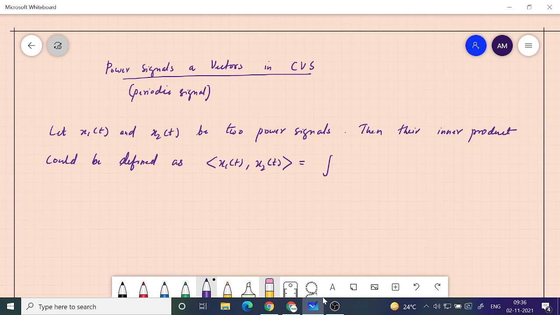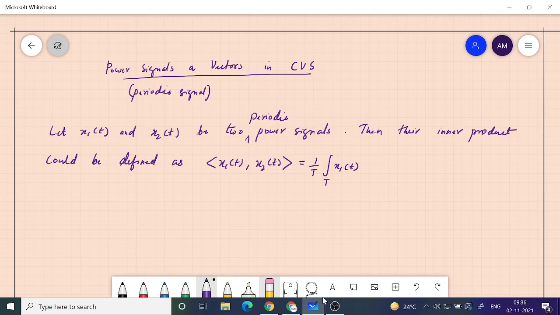If you remember the expression for energy earlier, let me also say that these are periodic power signals. Then the expression for power was given as 1 by T, integral over one period. We could start anywhere, either 0 to T, or from some t0 to t0 plus T. Any of this is okay.